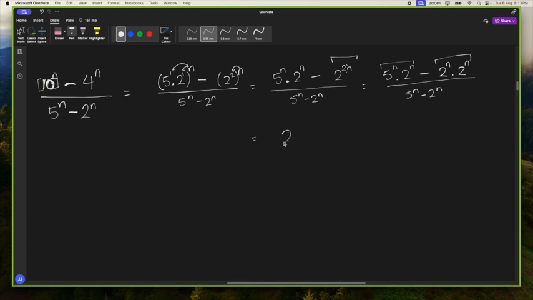I could pull 2 to the power of n to the outside and say, well, 2 to the power of n times 5 to the power of n will give me this, minus 2 to the power of n times 2 to the power of n is what will give me this, all over 5 to the power of n minus 2 to the power of n.